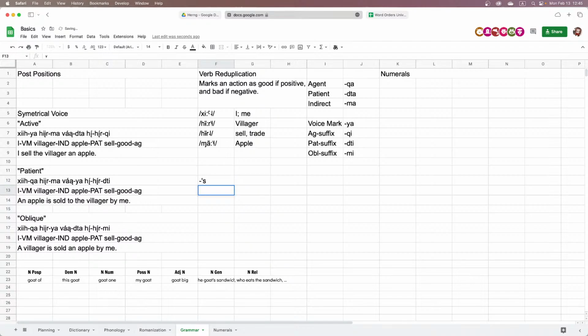Or we could go the of, von, de route. Or, this is common in colloquial Cantonese, I've heard, at least in Hong Kong, we could use measure words to mark possession.